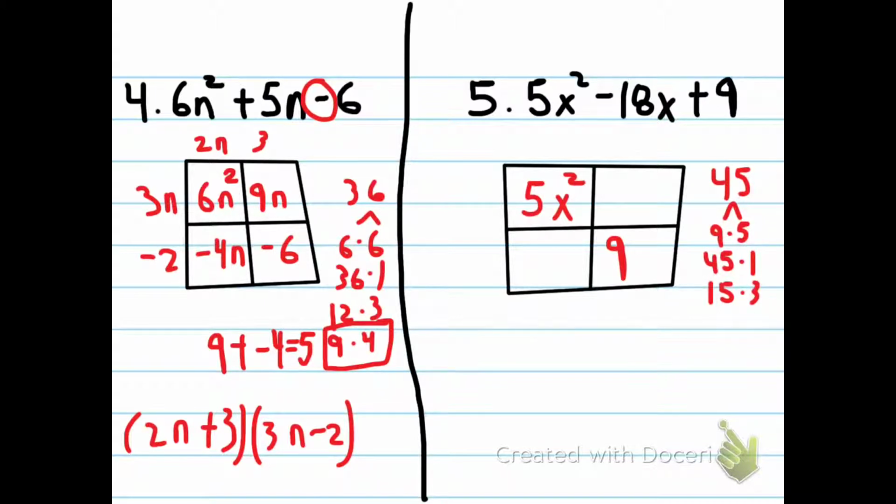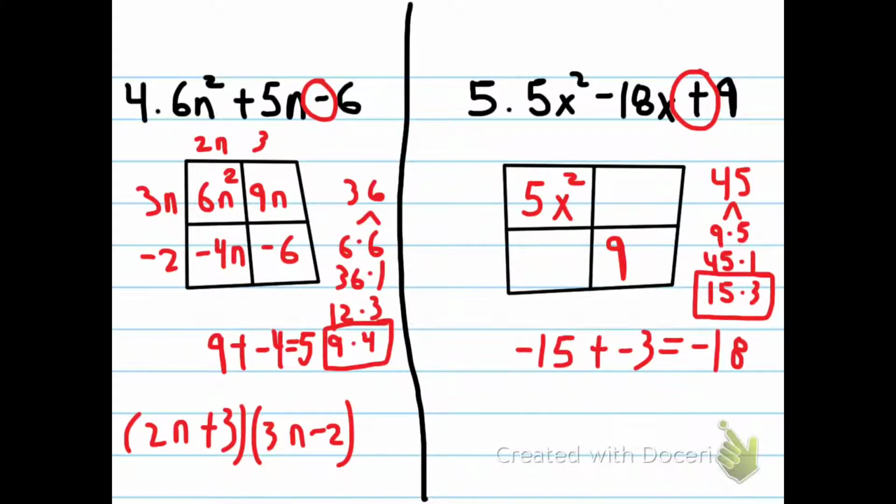So for number 5, I've written down the factored pairs, and the best one is 15 times 3, because if you add them together, negative 15 plus a negative 3, it equals negative 18. And the reason why I have to add them together or make them have the same sign is because this one is a positive.